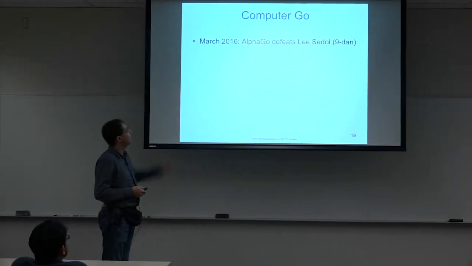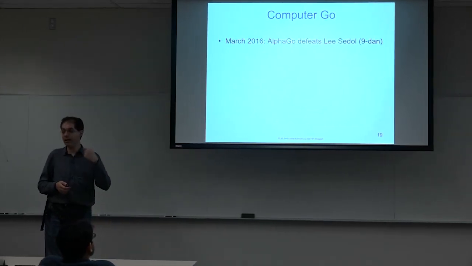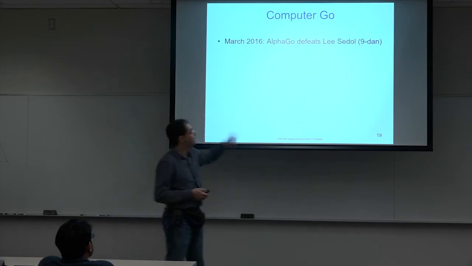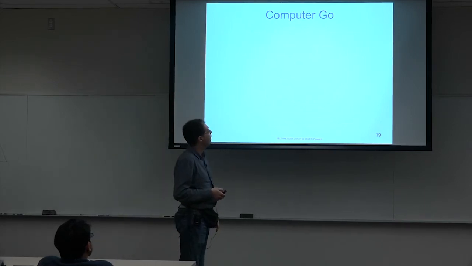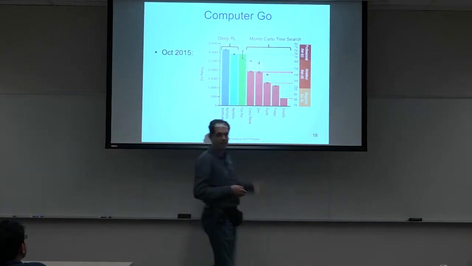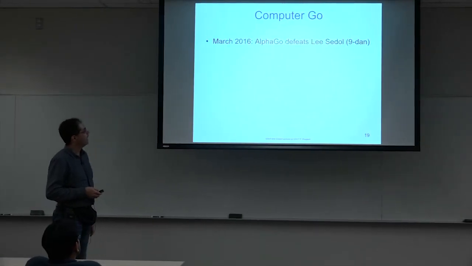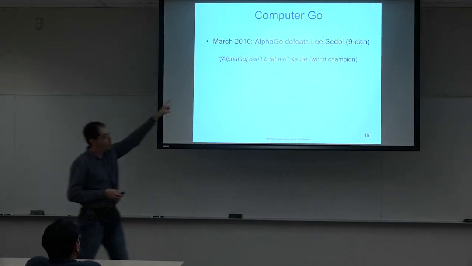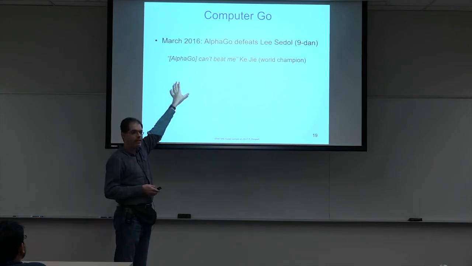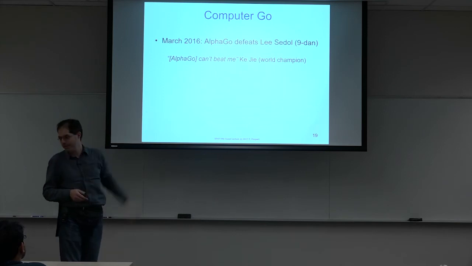Then in March 2016, AlphaGo beat another top player, Lee Sedol. He was ranked 9 dan. If I go back, you see 9 dan is at the top of this scale. So he was one of the top players, but not the top player. At the time, the world champion, Ke Jie, made the following comment on social media: he claimed that AlphaGo cannot beat him.